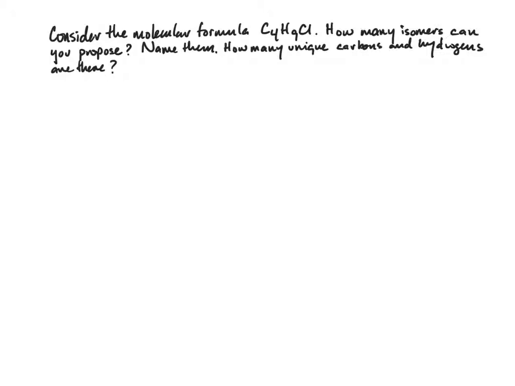First, we're going to rewrite our given molecular formula, C4H9Cl. What we want to do is determine the degrees of unsaturation present, because that's going to help us be inclusive or exclusive about what potential functional groups we can propose.